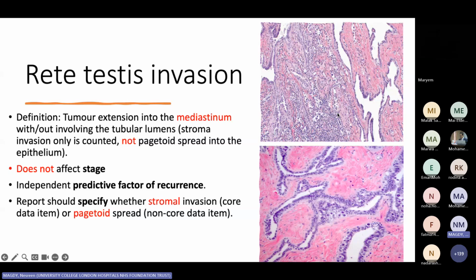This does not affect the stage. It's just a prognostic factor which predicts recurrence. And it's important to mention in your report which is invaded in the rete. Is it the stromal invasion, which is a core data item, or is it just a pagetoid spread under the surface epithelium?